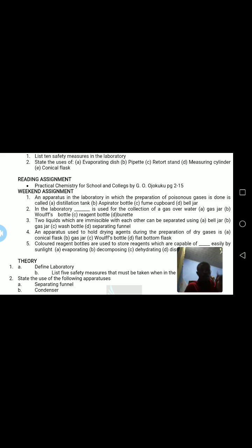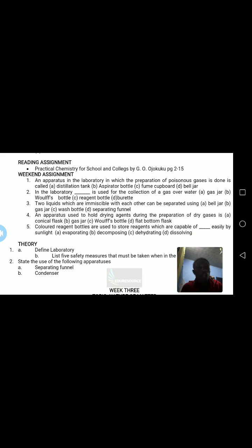Number 3. Two liquids which are immiscible with each other can be separated using dash. A. Bell jar.